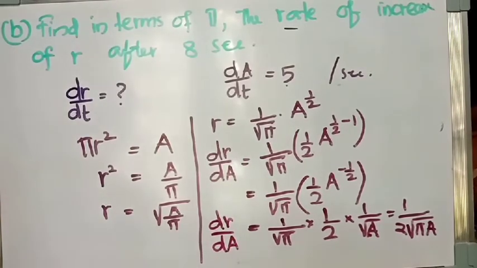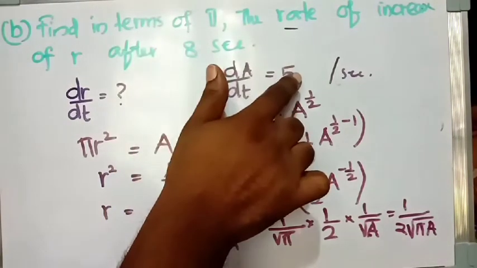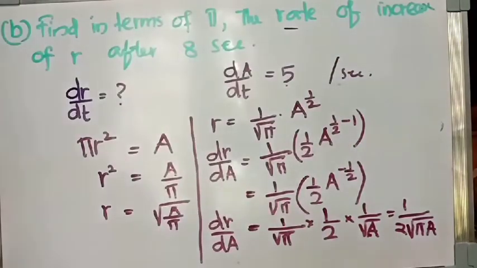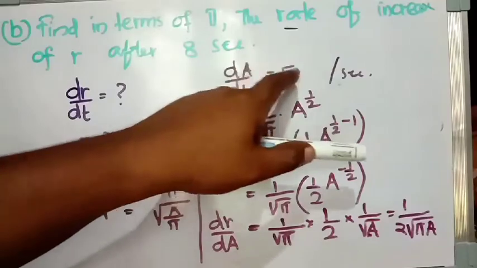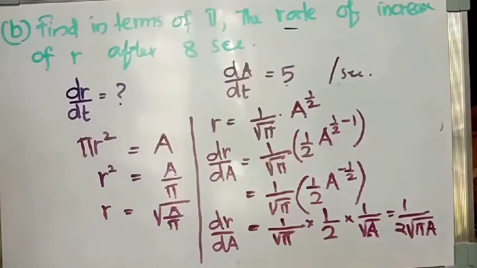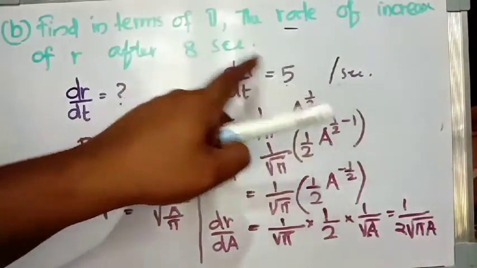Okay, but we want dr by dA after 8 seconds. So just to think, initially the area was increasing by 5 centimeter square per second. So after 8 seconds, what is the area? The first second it was 5. So after 8 seconds it will be 5 times 8.